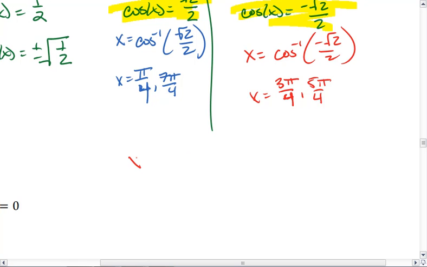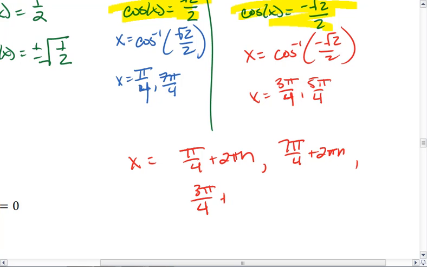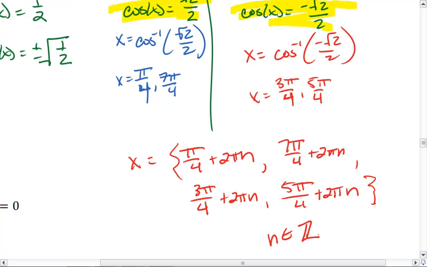The way we write this is that x is a set of solutions of pi fourths plus as many full rotations as we want, so plus 2 pi n, 7 pi fourths plus 2 pi n, 3 pi fourths plus 2 pi n, and 5 pi fourths plus 2 pi n, such that n is an integer.